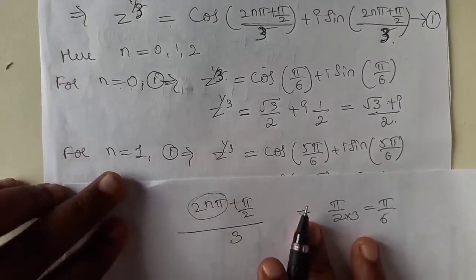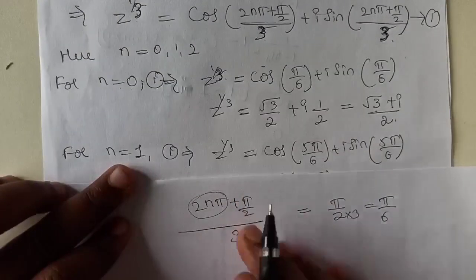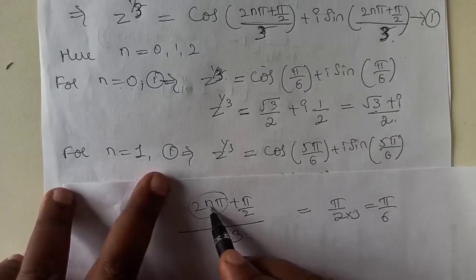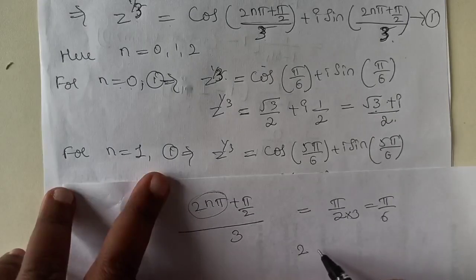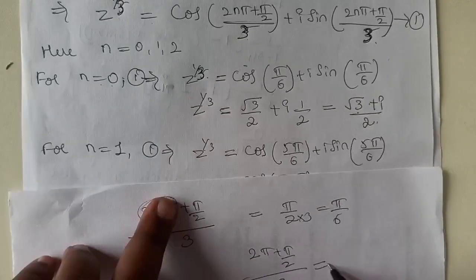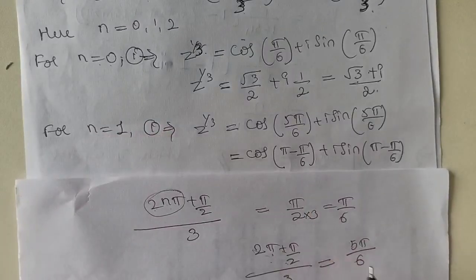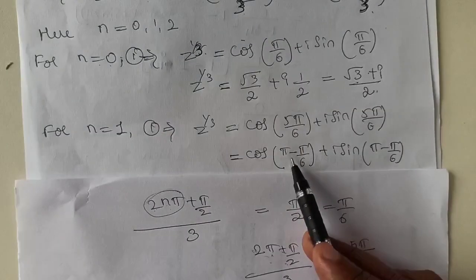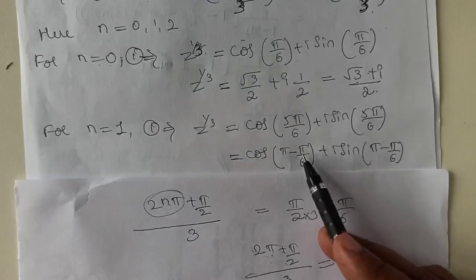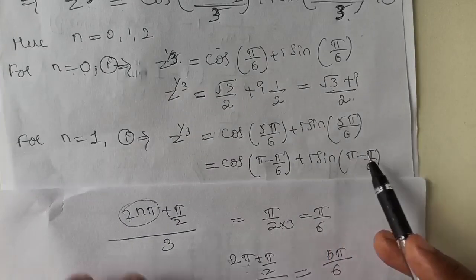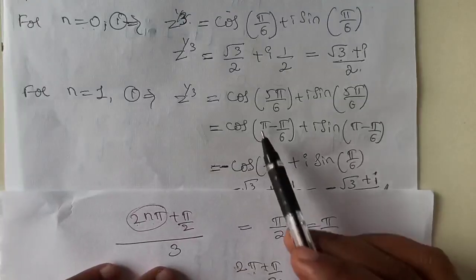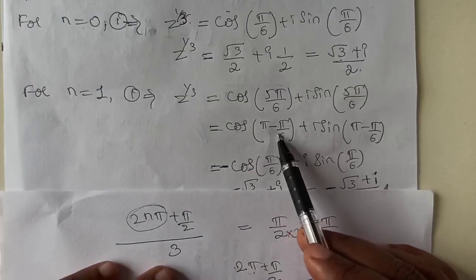Next, on substituting n equals 1 in this angle, 2 into 1 equals 2, we get (2 pi plus pi by 2) divided by 3. Further simplifying, we get 5 pi by 2 into 3, which is 6. We get 5 pi by 6. This 5 pi by 6 can be written as pi minus pi by 6, so it lies in the second quadrant.